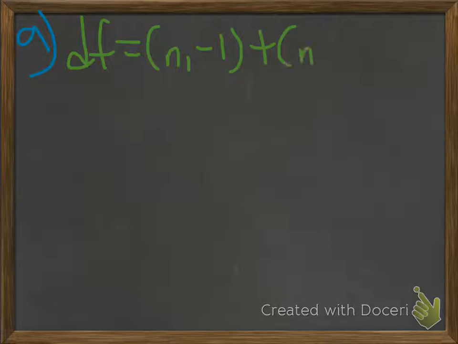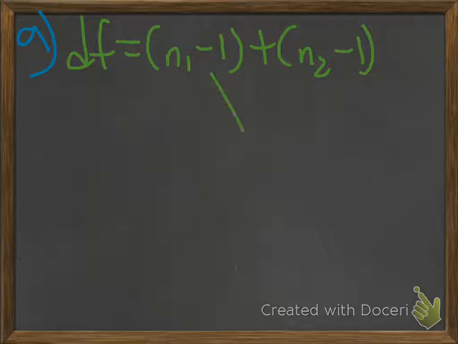So, in order to find the total participants in the study, you need to look at the formula for degrees of freedom. The degrees of freedom is df equals n1 minus 1 plus n2 minus 1.